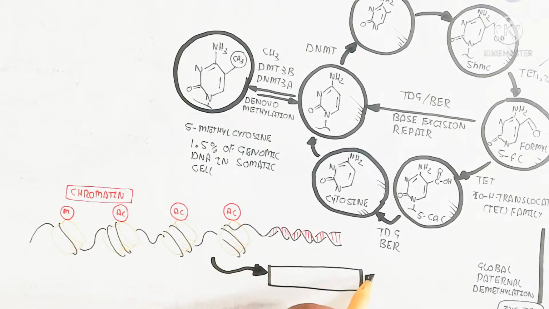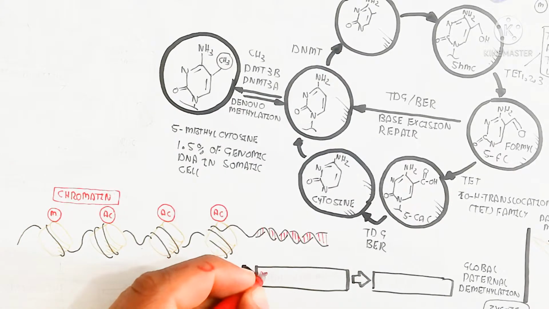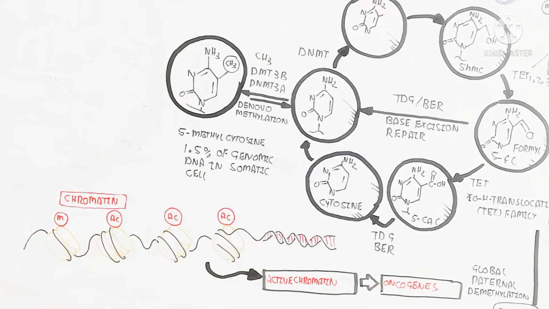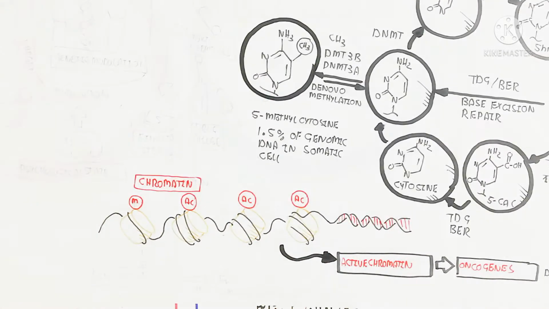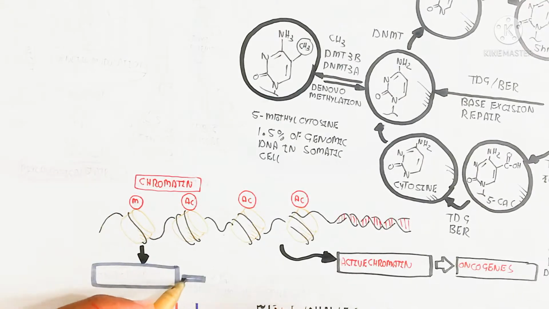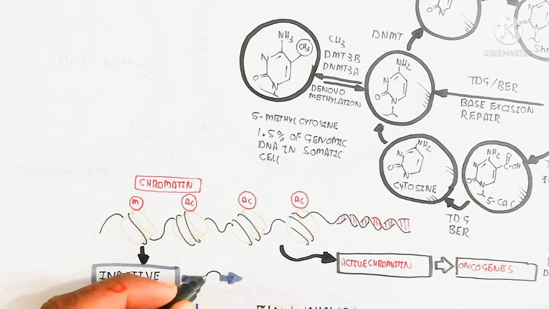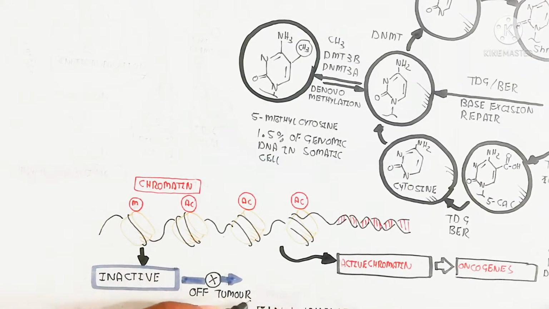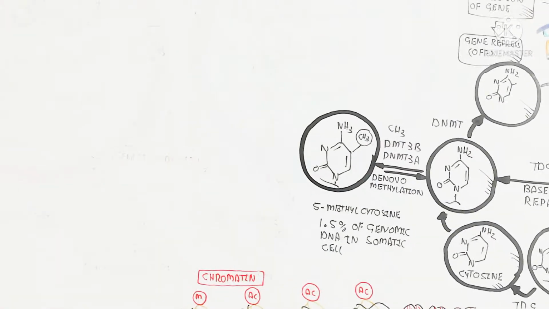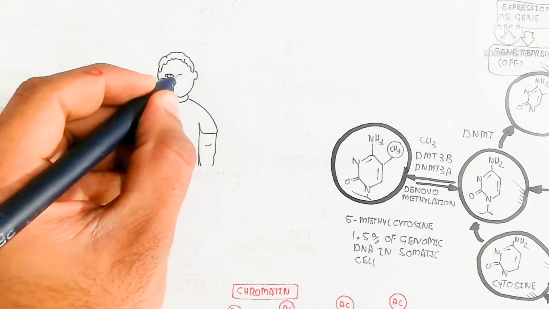This is the chromatin, which is part of the histone protein, 60% protein and 40% DNA, and here are acetylation and methylation. Active chromatin means oncogenes can be produced through acetylation, through oncogene activation, while the chromatin will be inhibited by methylation to inactivate or turn off tumor suppressor genes.